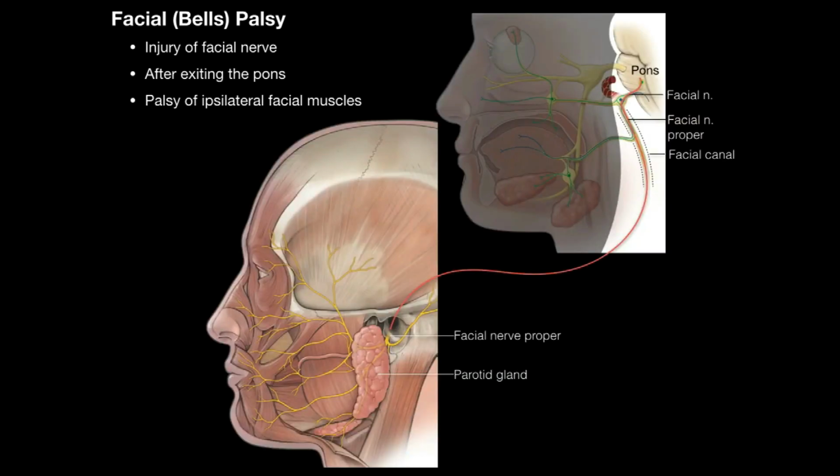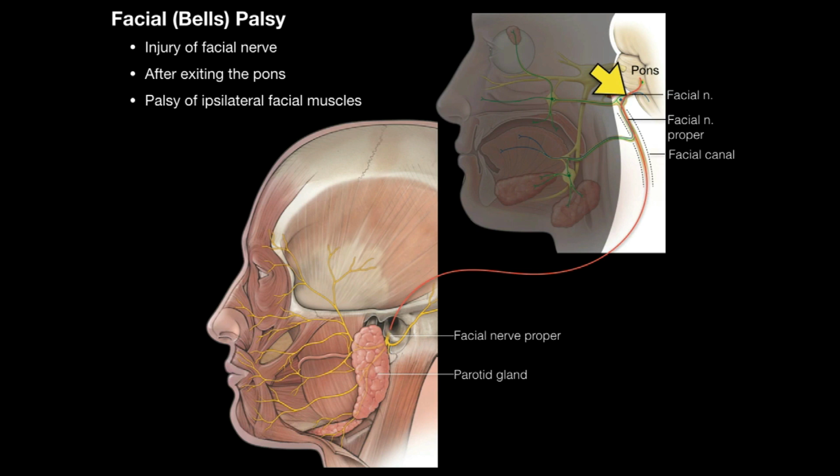Now, facial palsy, known as Bell's palsy, is injury of the facial nerve after it exits the pons, and it creates a palsy or paralysis of ipsilateral facial muscles. What does this mean? Well, this can occur basically at the facial motor nucleus, but it could occur right as the facial nerve exits the pons and goes into the internal acoustic meatus.